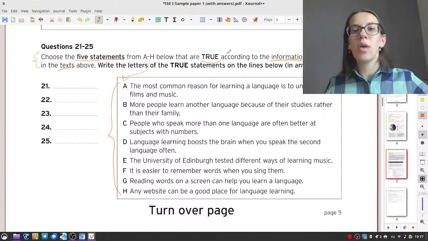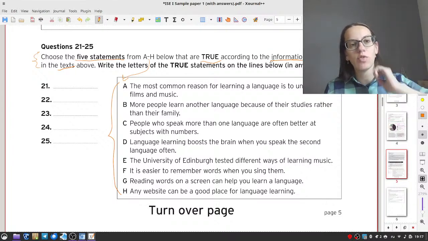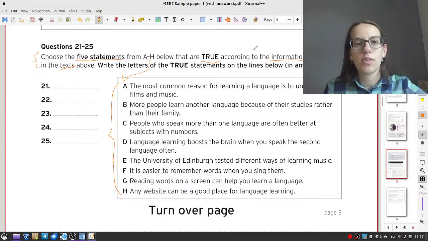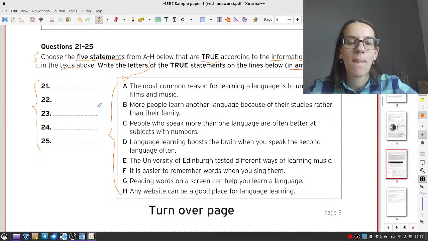Not true as in I think it's true or I think it's not true, but does one of the texts say that it's true or not? And write the letters of the true statements on the lines below in any order. Yeah, in any order. So questions 21 to 25, you can put the correct letters in any order.